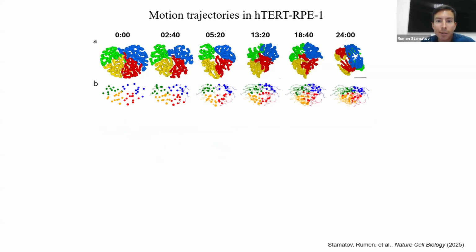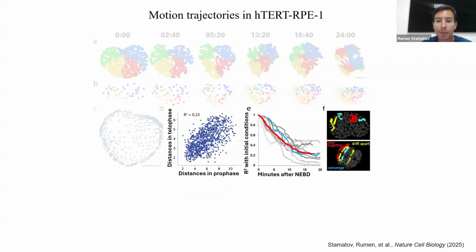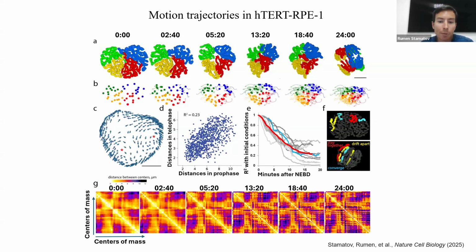And also there is rearrangement as a whole by following this flow field, so that we end up with these exceptions. And we can even plot this as distance matrices. So here we have the pairwise distances between each chromosome and every other. And we see that this pattern at the beginning is roughly retained over time, but not perfectly.